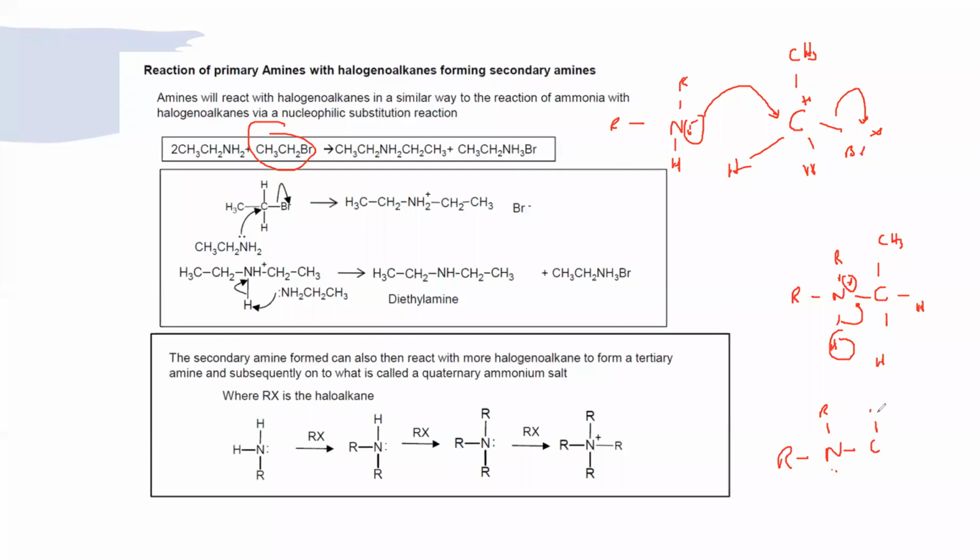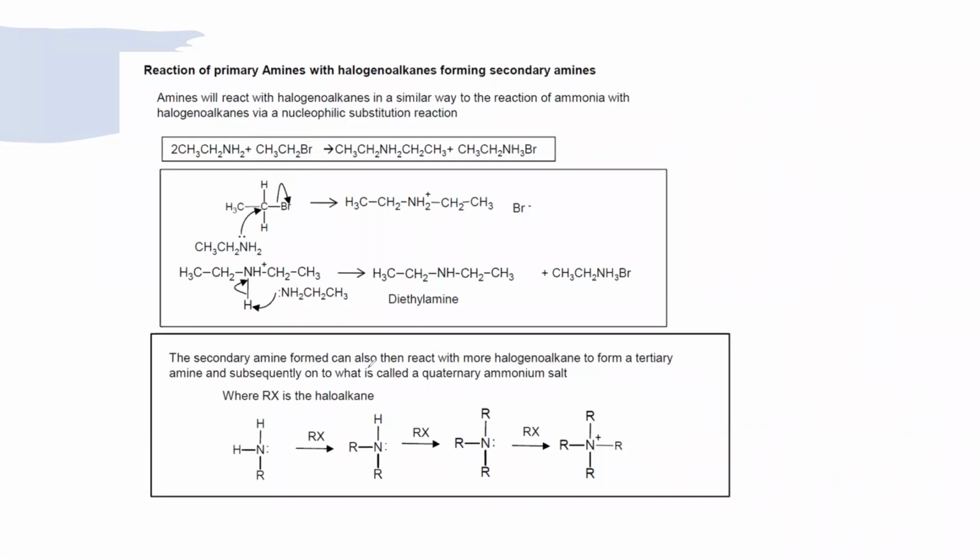So this will be CH3, H, and H. You can see here another carbon chain is attached to nitrogen. So if it's a primary amine, it will turn into secondary, and if it's secondary, it will turn into tertiary. So this is the mechanism for this reaction to occur.